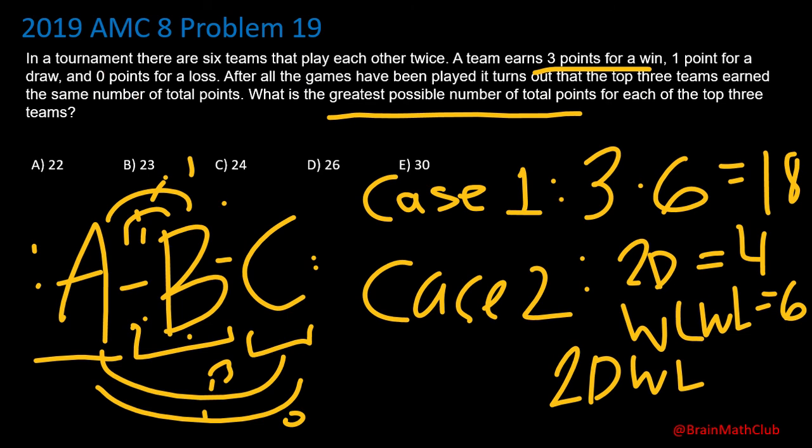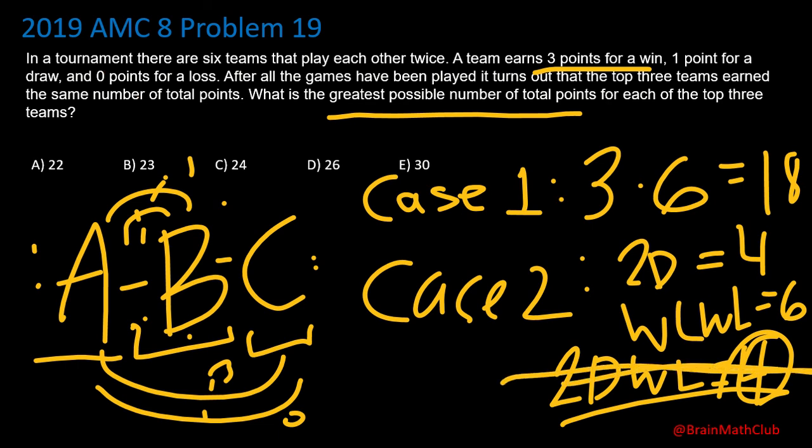Another problem is that if you were to add them up, A would only get 4 points. So even if we took that case, it doesn't work because it gives a much lower number of points. If you notice that symmetry right away, you might not have to take this case at all. But anyway, we noticed that win-loss gives you the highest number of points, 6.